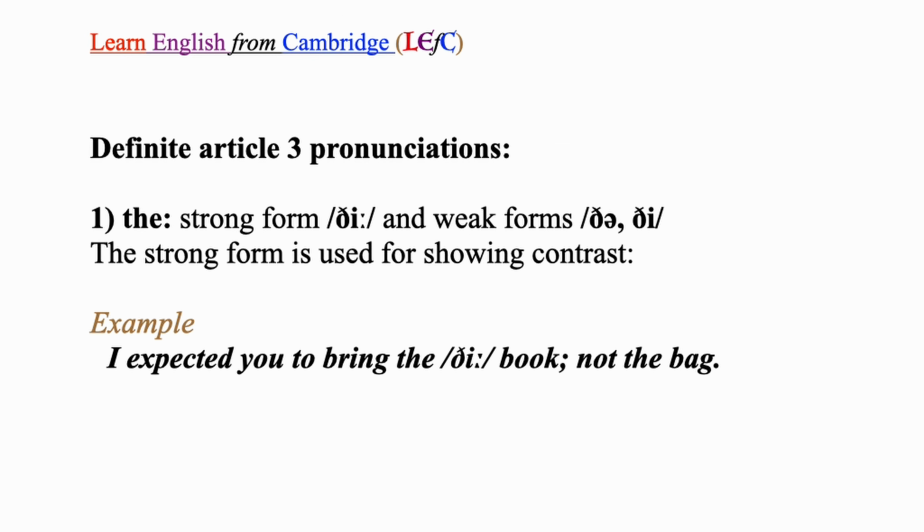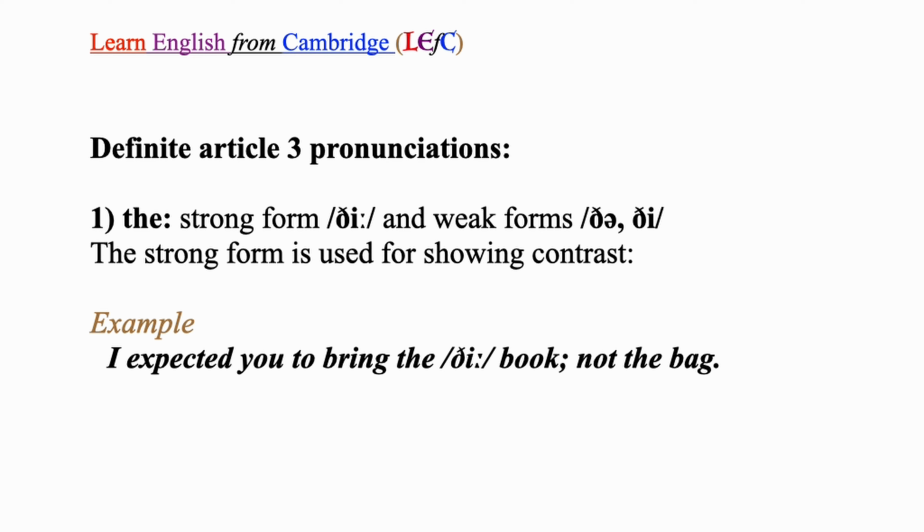Let's look at the sounds of the definite article. The definite article has 3 pronunciations. One is for strong form, and it is thee. It's a long E sound.